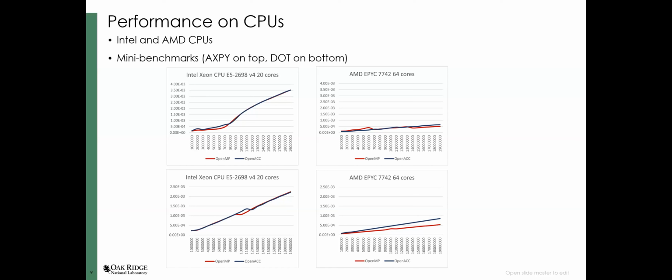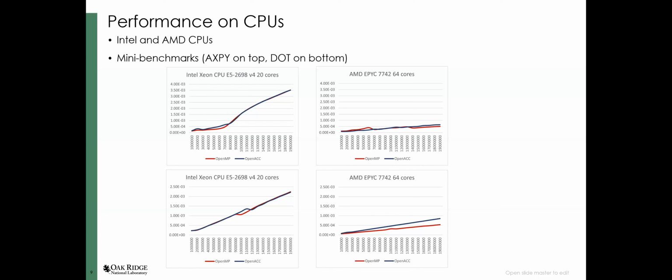Here, what we see is once again very simple test cases: AXPY on top and DOT product on bottom. I did some of the test cases that I presented in previous slides, but on 2 different CPUs: an Intel CPU with 20 cores and an AMD CPU with 64 cores.